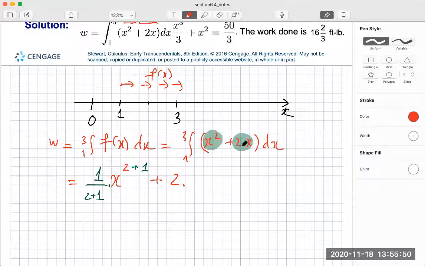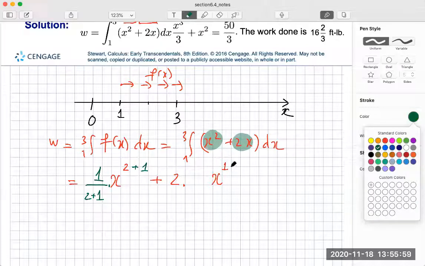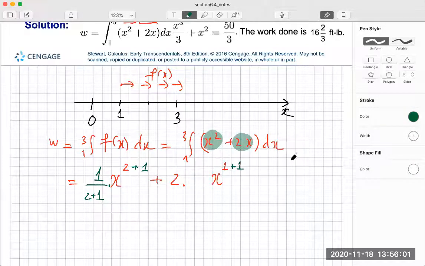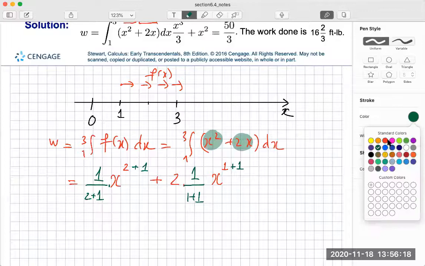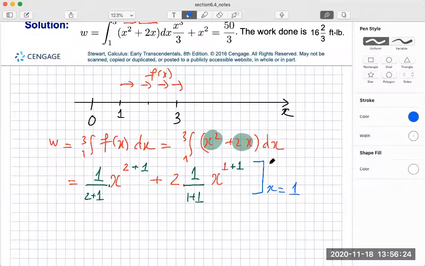So we just rewrite it here. But then we need to find the integral of x here, the antiderivative of x, which is x to the 1. We need to add 1 here, right? The same story, we multiply by a fraction whose denominator is exactly the power, which is 1 plus 1. And remember, we are taking the definite integral from x equals 1 to x equals 3. This will give us a number, right?